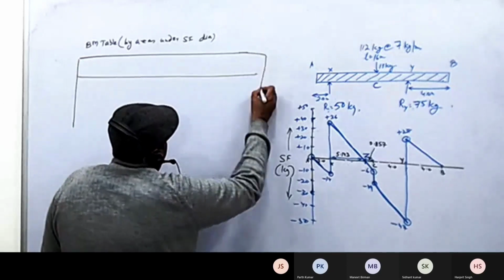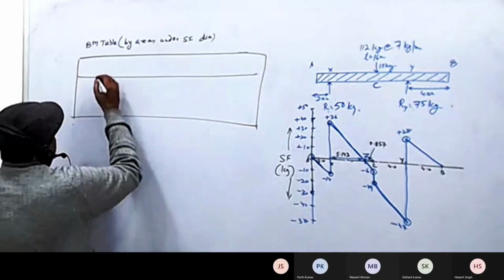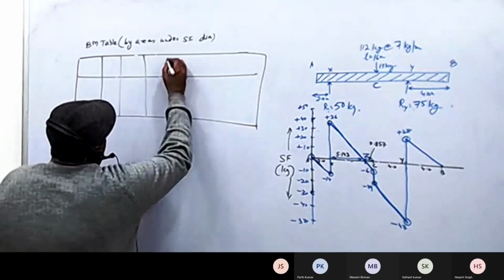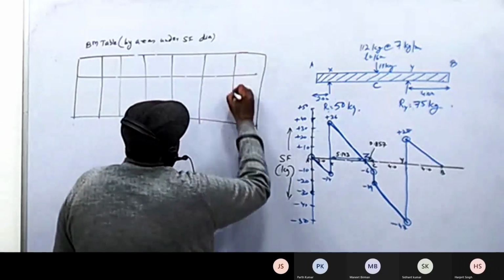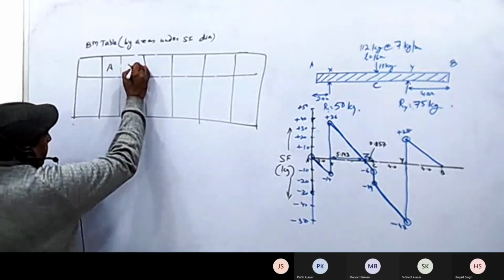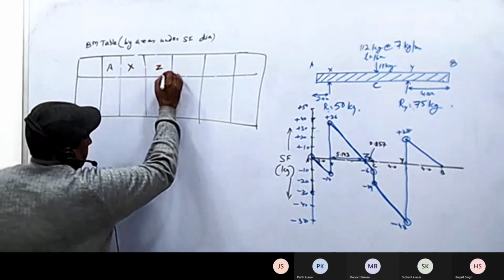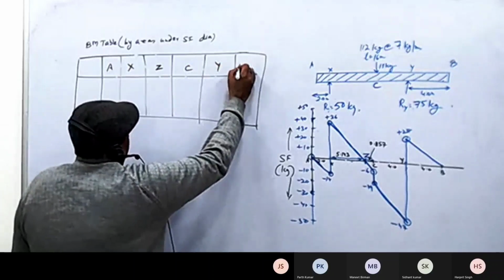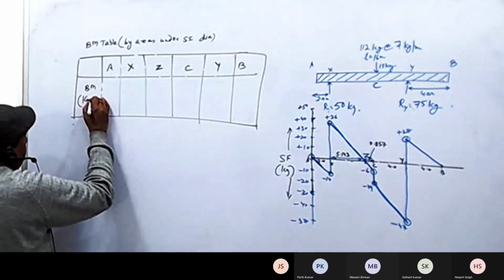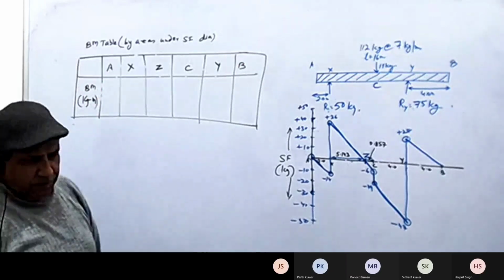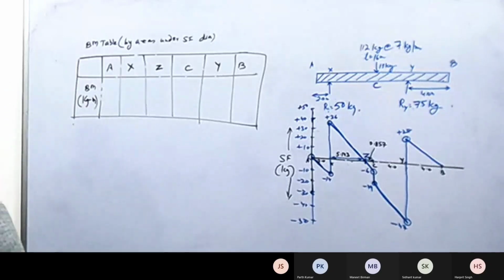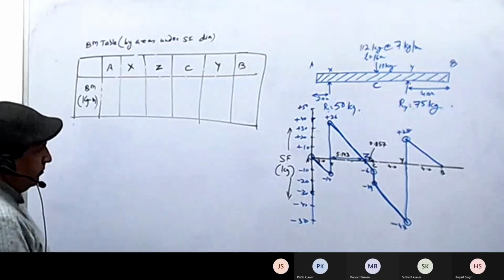No cells will be divided, so it's a straight and simple thing. So total 6 of them: 1, 2, 3, 4, 5, and 6. Points are A, X, Z, C, Y, and B. And BM will be kg meter in this case, because kg is the unit of force you have used, though it is not a unit of force, it's a mass unit, but in stability we take it that way, no issues.